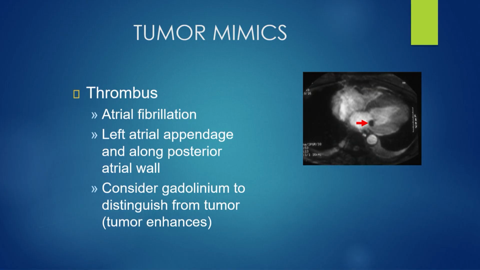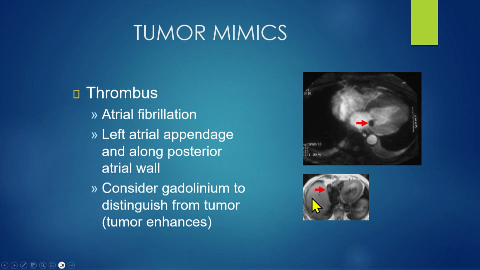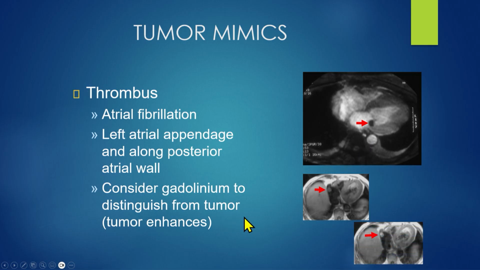But thrombus itself we can see as well, and here's a left atrial thrombus, and another one. Actually, this is a small tumor down here. Generally, thrombus doesn't enhance, tumor generally does. See, there you go, enhanced.